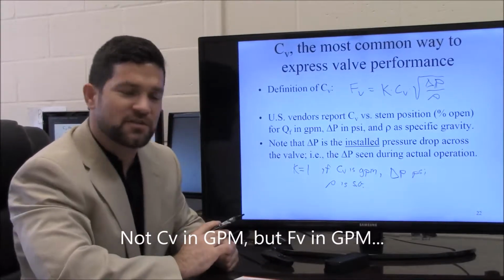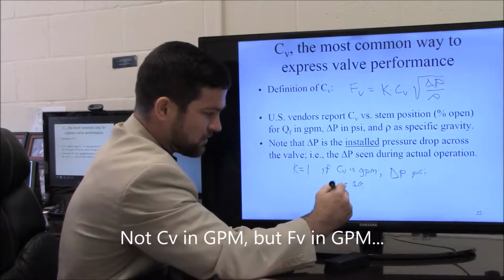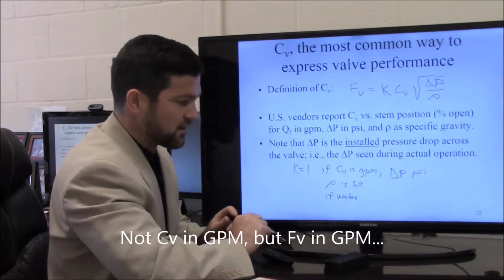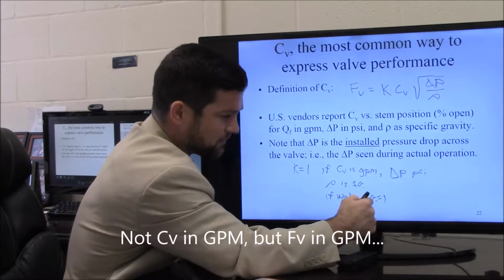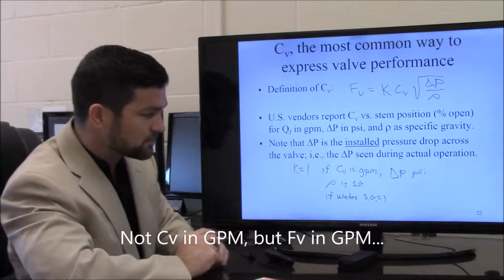Okay, so as long as we use these terms, and then finally if we have water or something close to water, SG equals 1, right, and we'll use that for many design type scenarios.